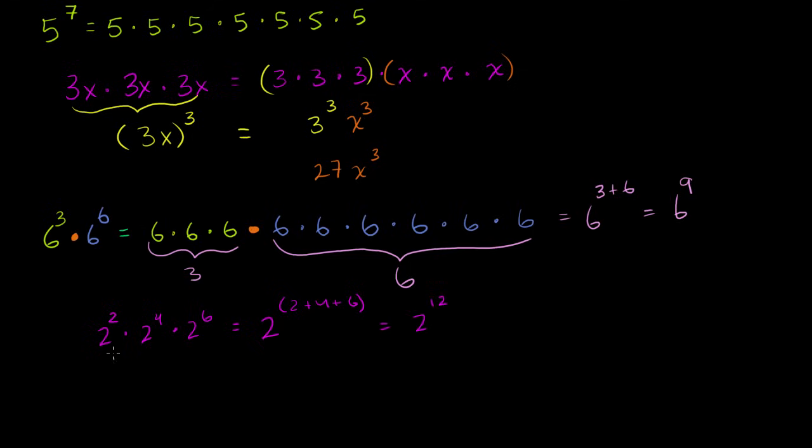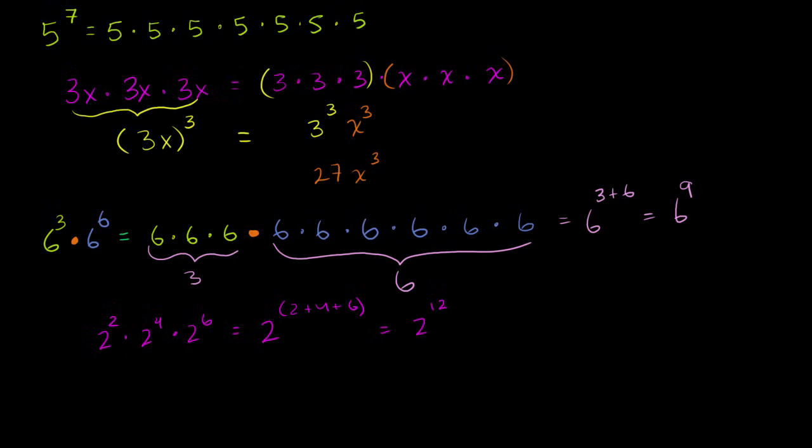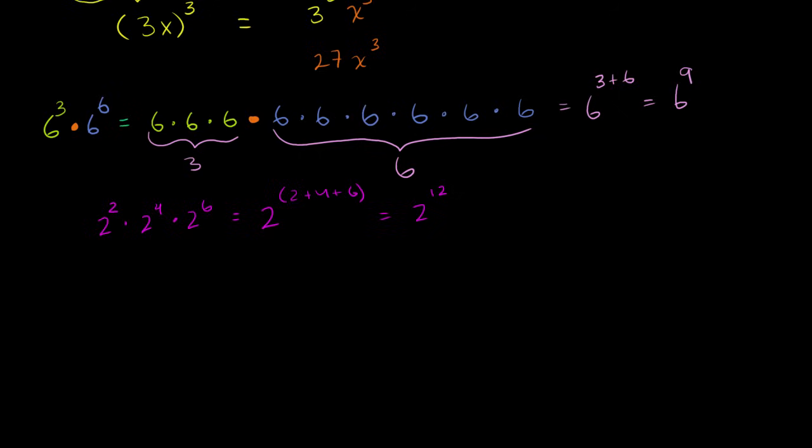And hopefully that makes sense, because this is going to be 2 times itself 2 times, 2 times itself 4 times, 2 times itself 6 times. So when you multiply them all out, it's going to be 2 times itself 12 times, or 2 to the 12th power.